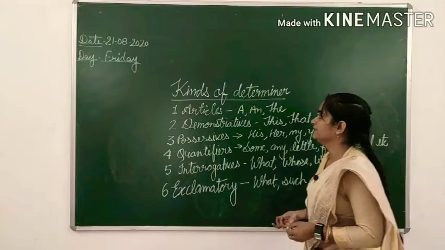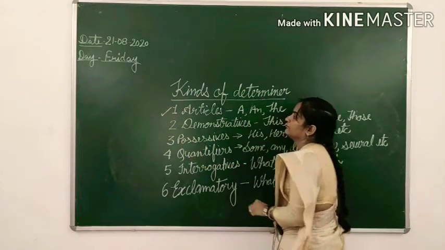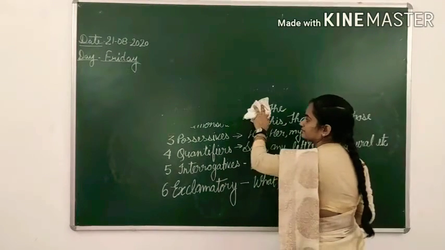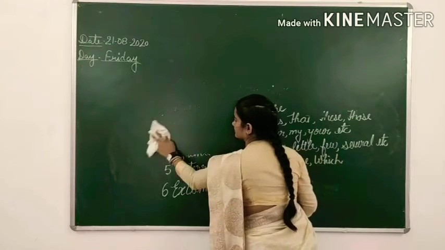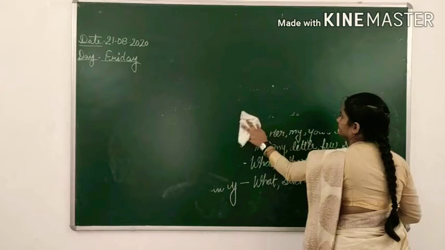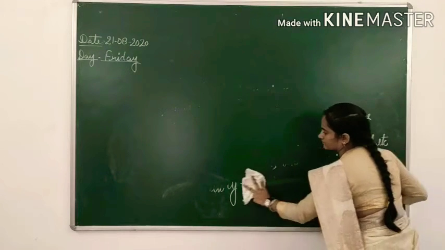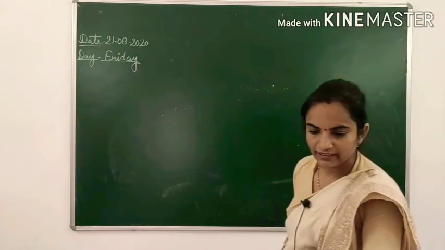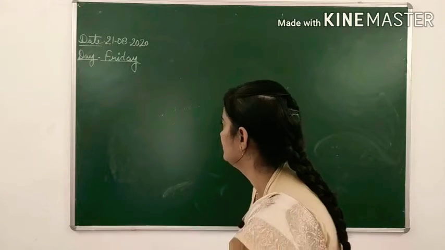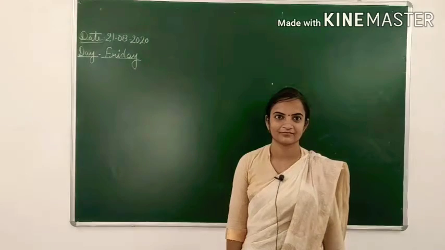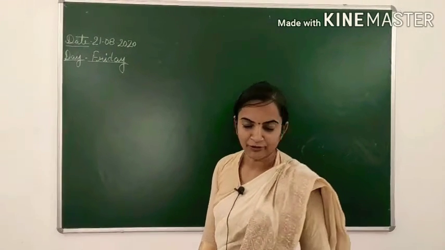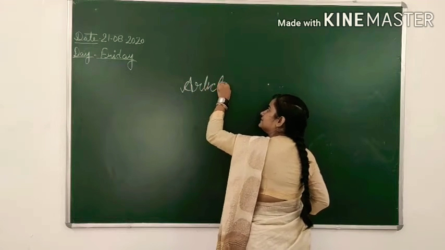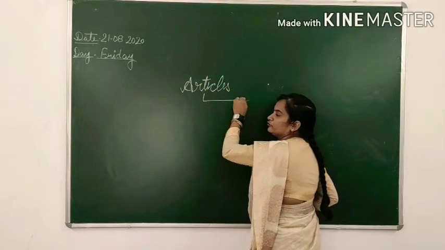Now we will read our first kind of determiner, article, in detail. Now we will learn about article. Have a look about article. Articles are divided in two parts.